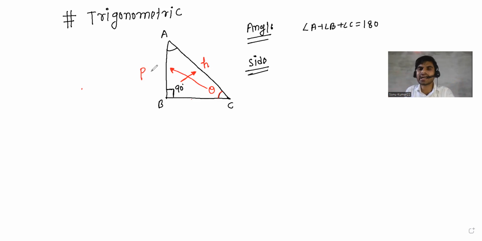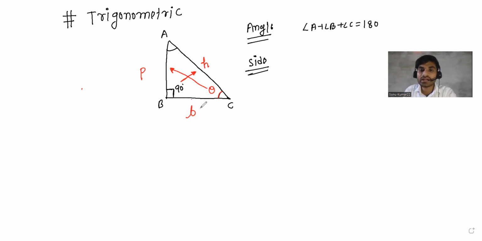The side adjacent to theta is the base, represented by b. Or we can say that the one side left is the base. So the side opposite the right angle is the hypotenuse, the side opposite theta is the perpendicular, and the rest one is the base.